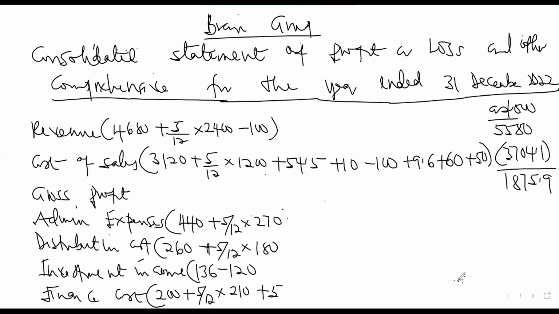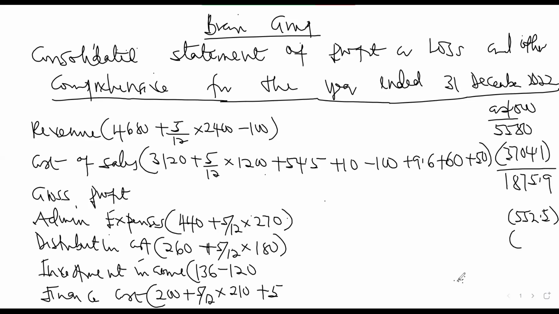Let's come to our administrative expenses. What are we going to be getting? 5/12 multiplied by 270 plus 552.5. Okay, so that will be 552.5. Then we come to distribution. What are we going to be having? 260, 335.